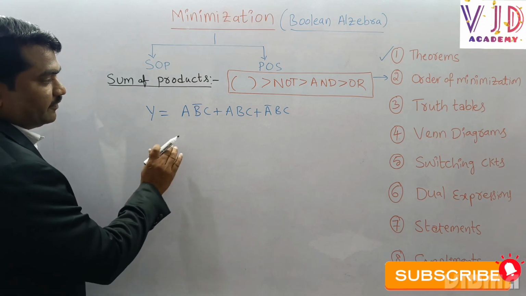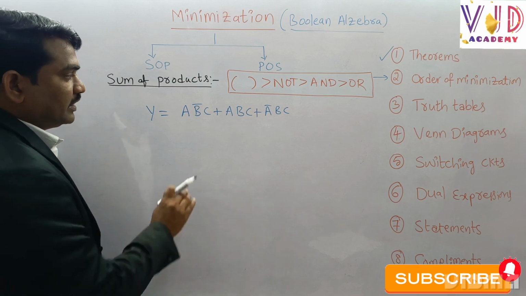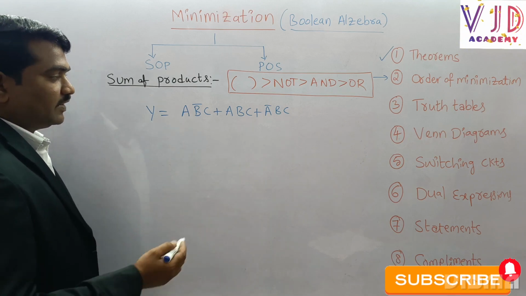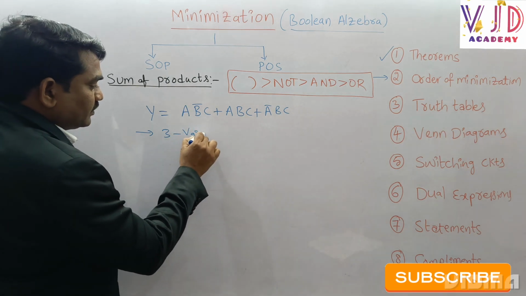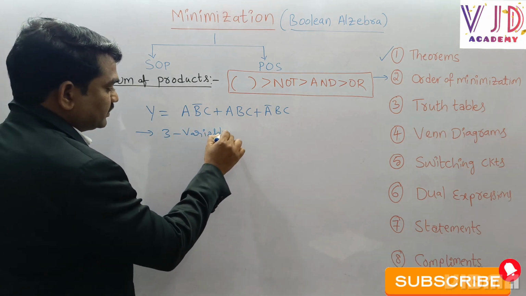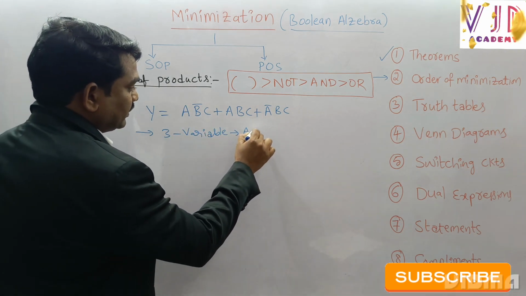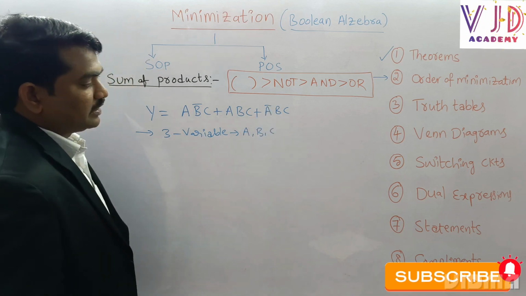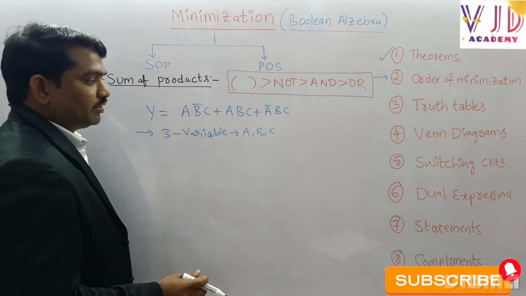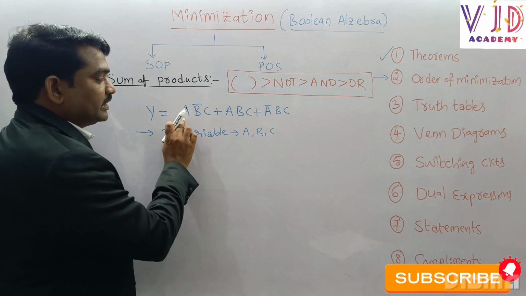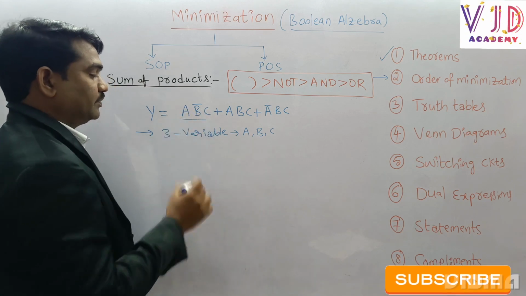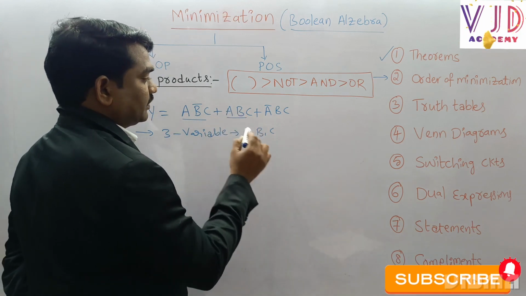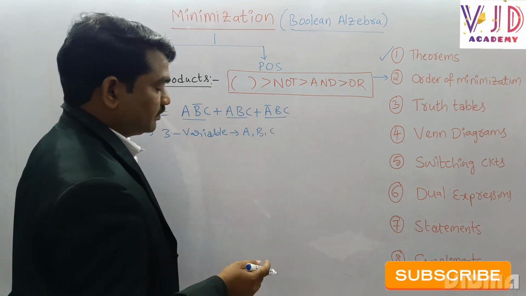When we look at this expression, there are three logical variables, which are a, b, c. Each and every individual variable is present in each and every individual term. This is one min term, this is also one min term, and this is also one min term.